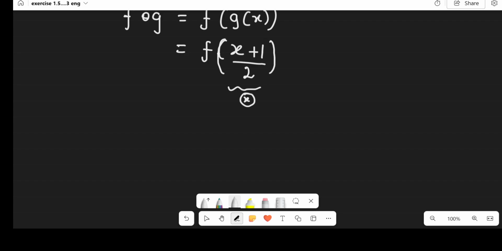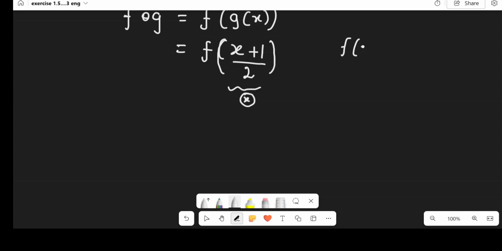We are considering the whole x plus 1 divided by 2 as x. So we should apply this value in place of x in the f of x formula. In that formula, we should apply the value of x plus 1 by 2 in place of x.